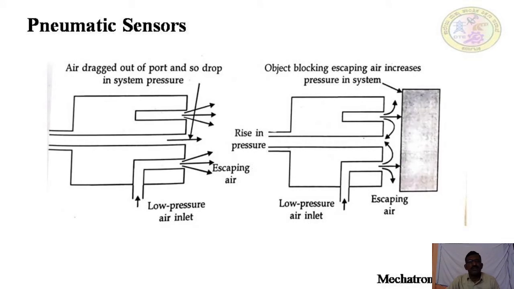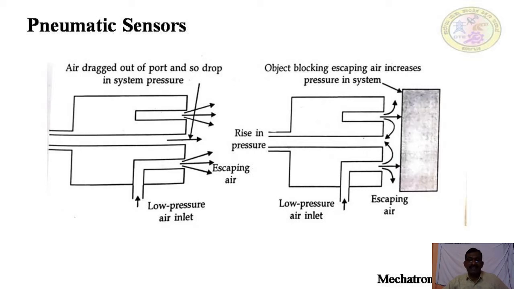You just observe this diagram. Structurally, it is a cylindrical object, of course. On either side, there are circular faces. On one end, there is a sensor output port, at which there is a rise in pressure due to the movement of the object blocking the escaping air.